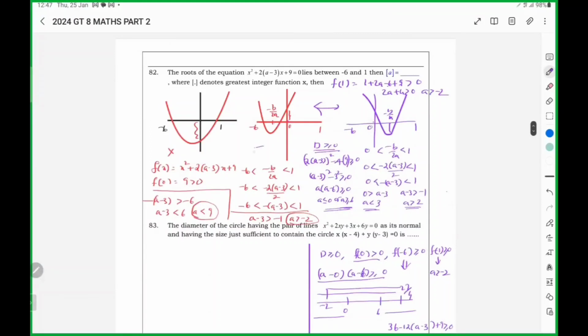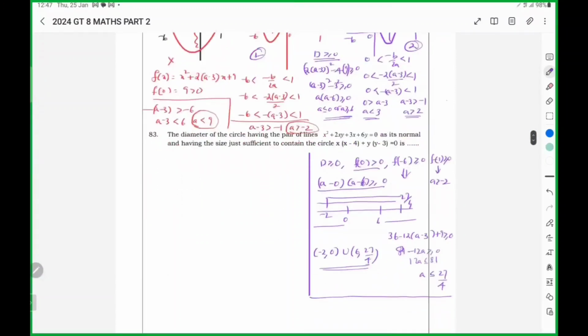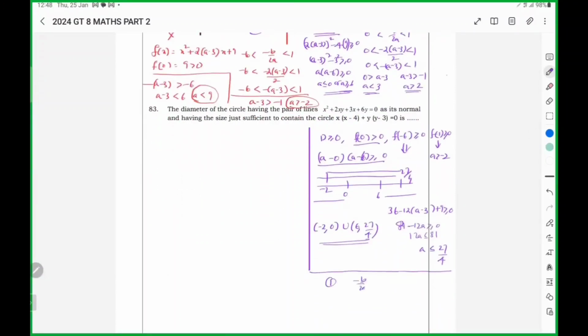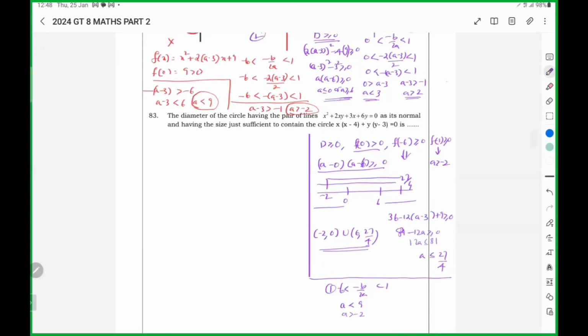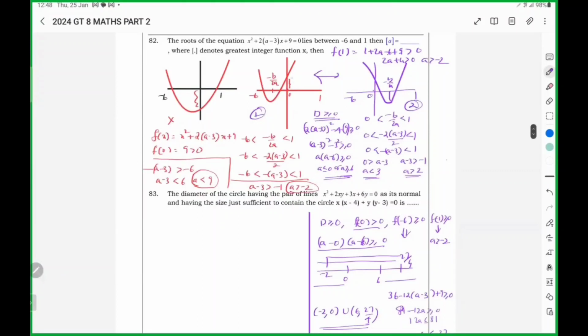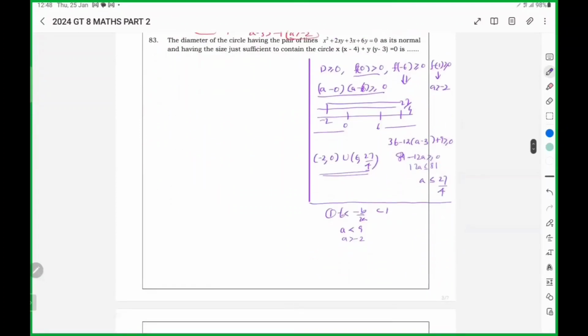In case 1, minus b by 2a lies between minus 6 and 1. From there, we got a less than 9 and a greater than minus 2. And here even f of 0 is positive. F of 0 means 9, anyhow positive, right?